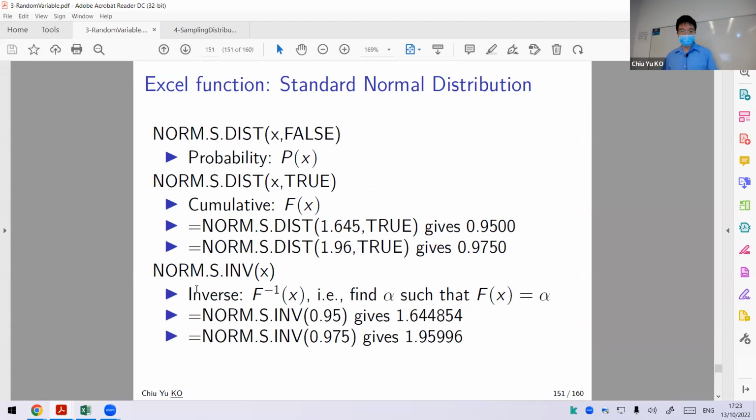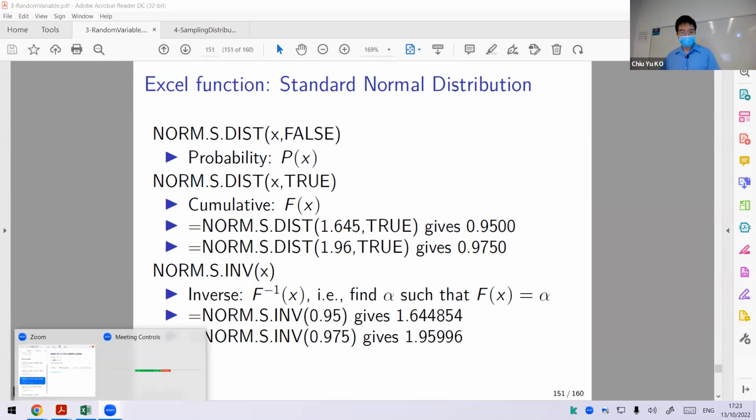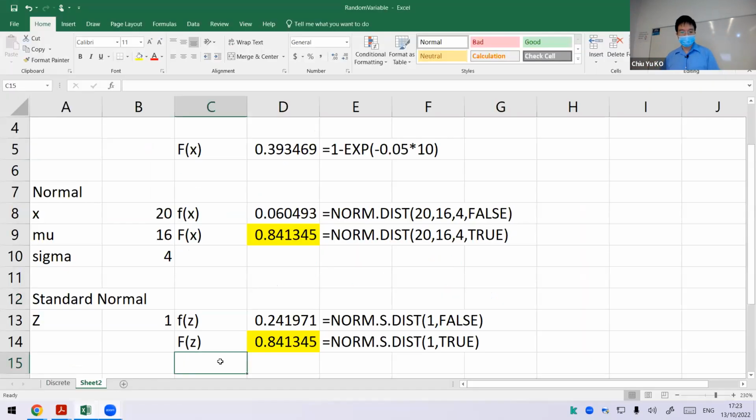What we actually did was we asked, if the left hand tail is 95%, what's the number, right? So the norm inverse, F inverse of F of Z. Okay.